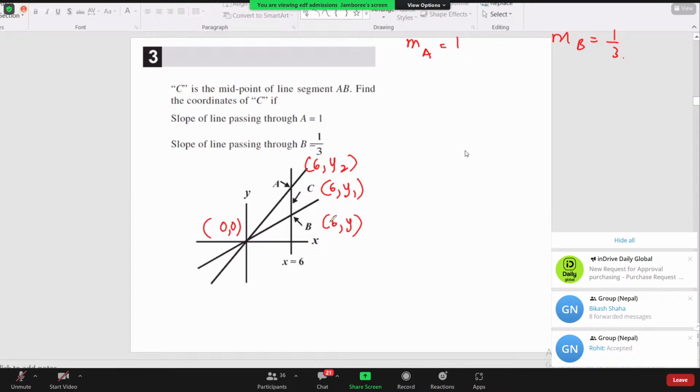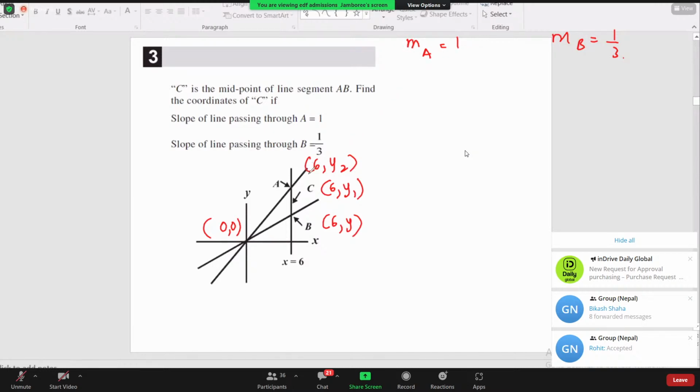The value of x will be 6; the value of y is what you need to figure out. Ultimately, you need to find the coordinates of C, the midpoint of the line segment AB. If you get to know the vertices A and B, automatically you'll get to know C. Now the question says the slope of the line passing through A is 1.